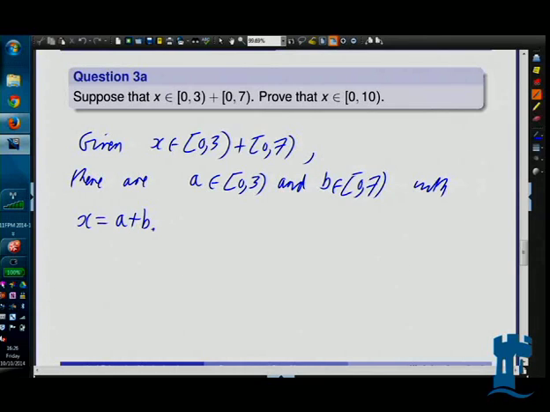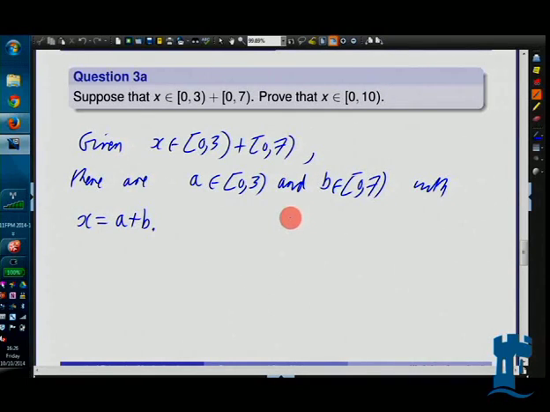That's how you start. Your task is to now use the definition of that interval and that interval to prove that x is in the big interval. So you just need to write down some inequalities and add them together, and it's as simple as that.